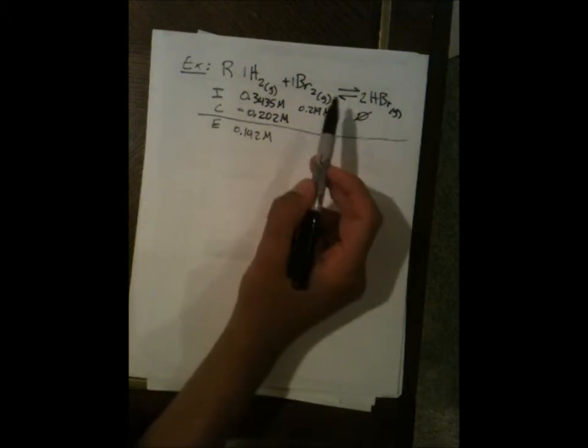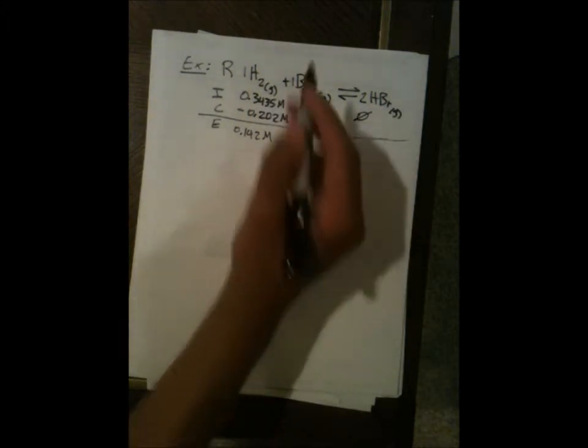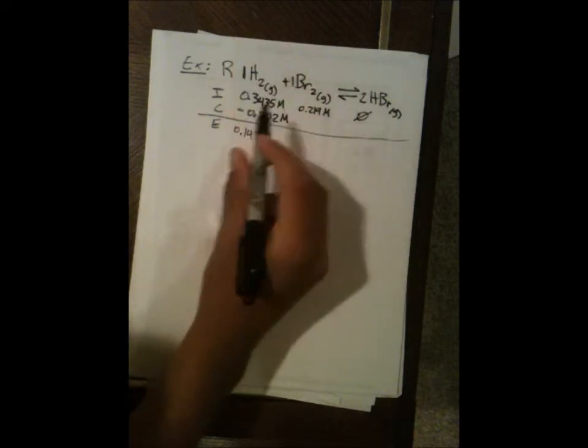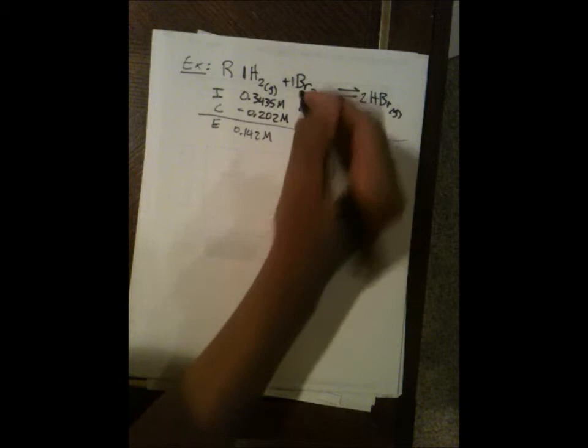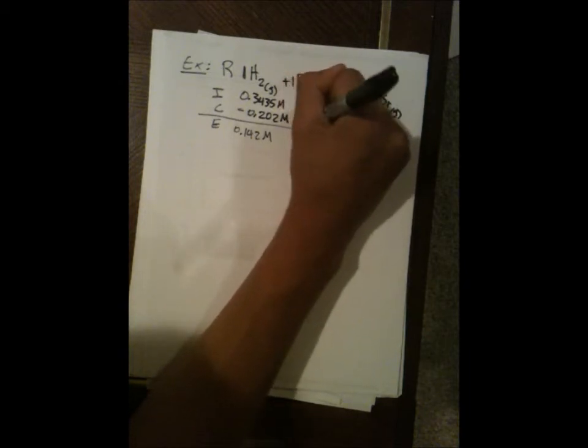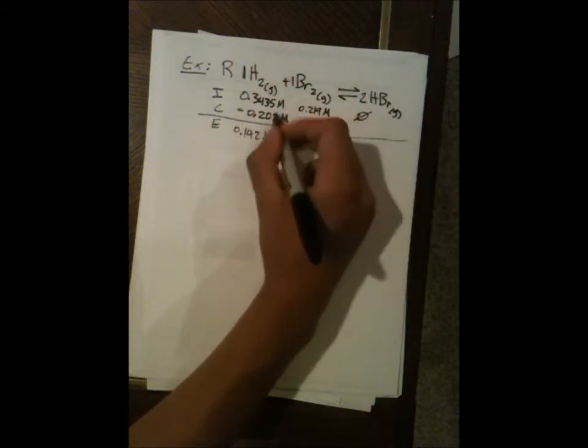Now you can use stoichiometry because look, you have 1 mole of H2, 1 mole of Br, 2 moles of HBr. And they're all gases, don't worry. So if this is 1 to 1, then this is going to be 1 to 1, so this is also going to be minus 0.202. When you have reactants, you're subtracting. When you have products, you're adding because you're losing these, gaining these.